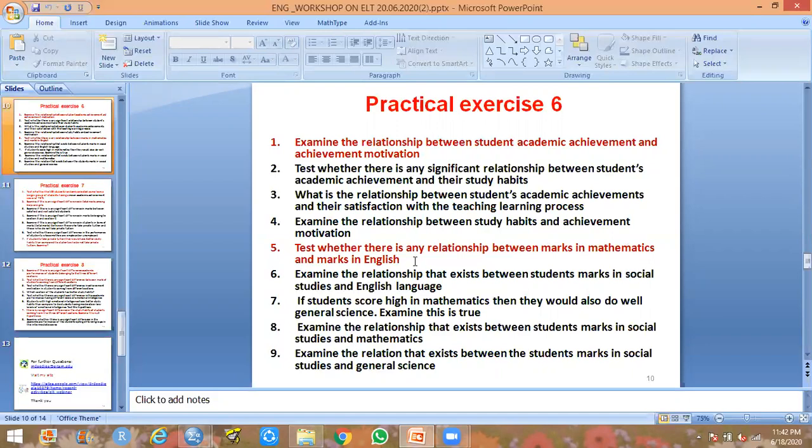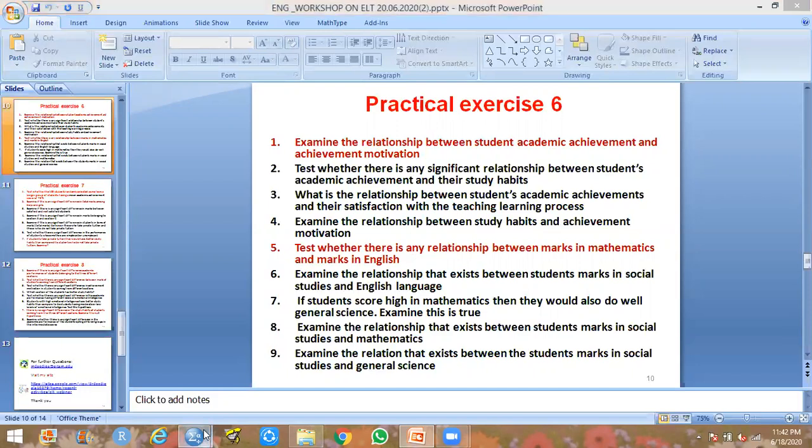Now these are quantitative. Marks are on an interval scale, quantitative and continuous, right? So when marks are quantitative and continuous, then also you can test the relationship between these two, marks in mathematics and marks in English.